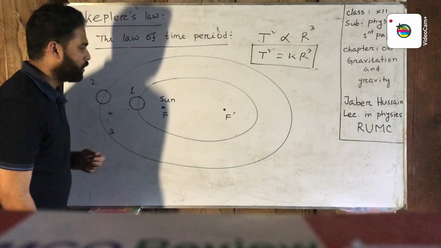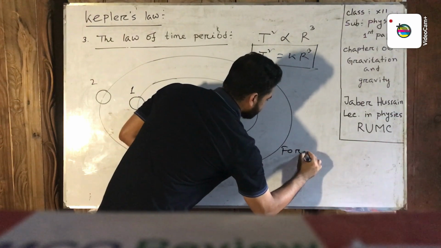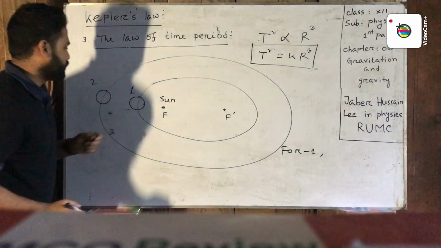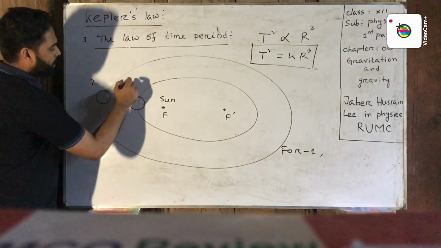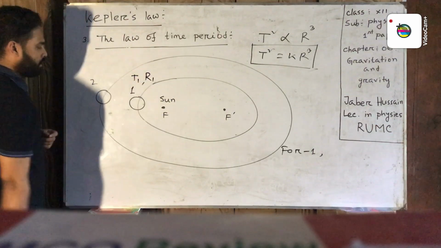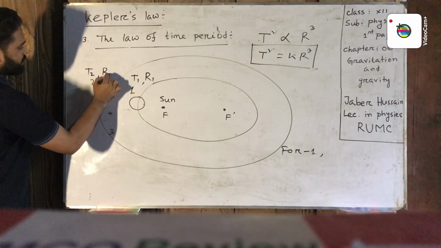Now for planet 1, let us consider the time period will be T1 and the average distance will be R1. For planet 2, the time period will be T2 and the average distance R2.